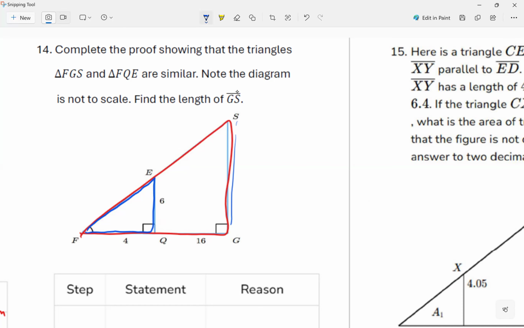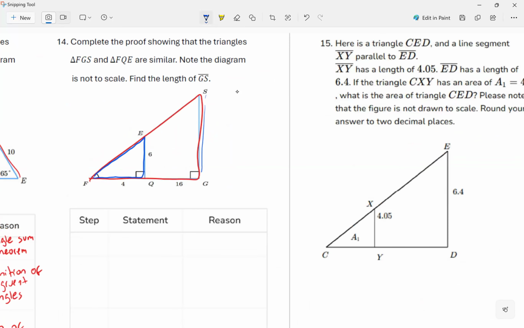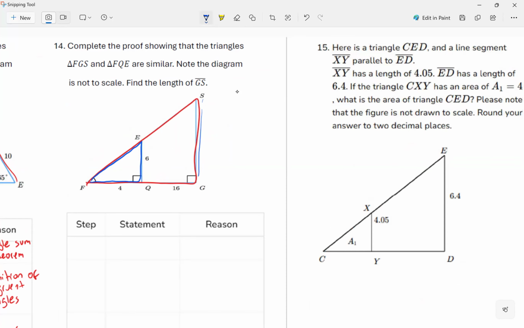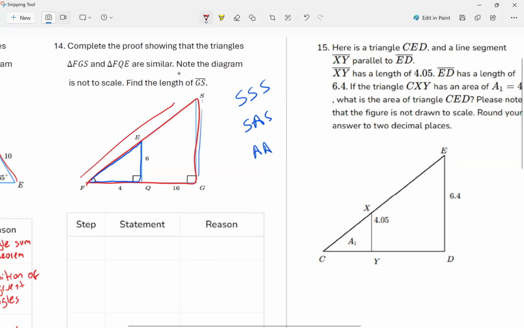A couple things I'm going to do. First I need to show that they're similar, and I have to remember my rules for similarity are side side side, side angle side, or angle angle. From the red triangle, I don't know this side and I don't know this side.